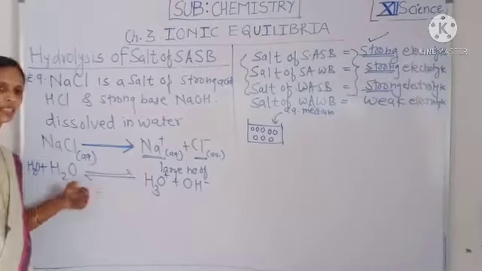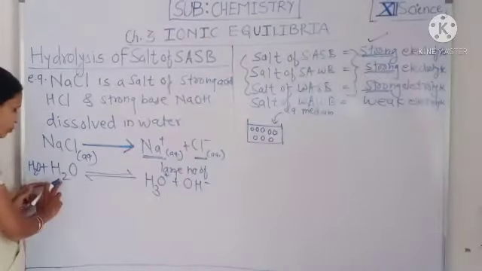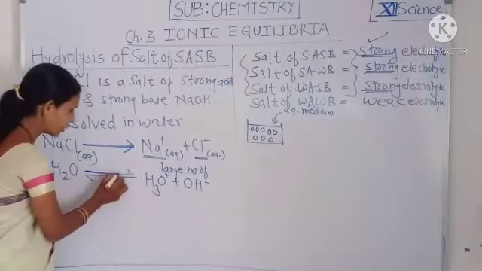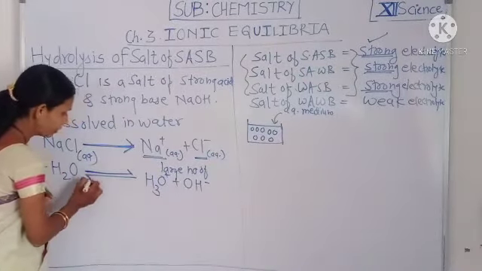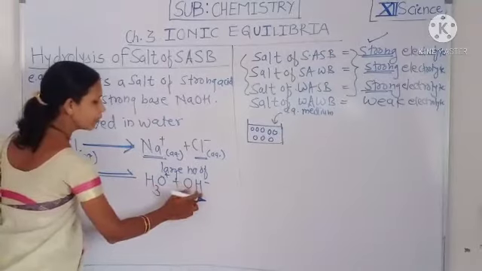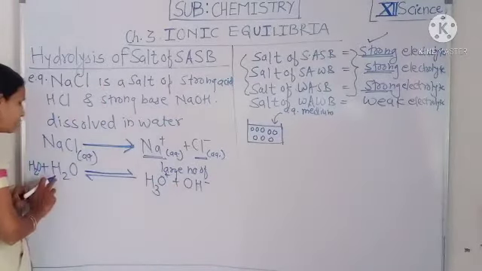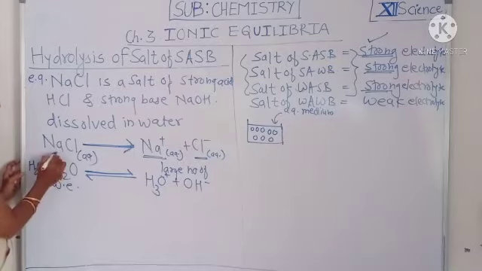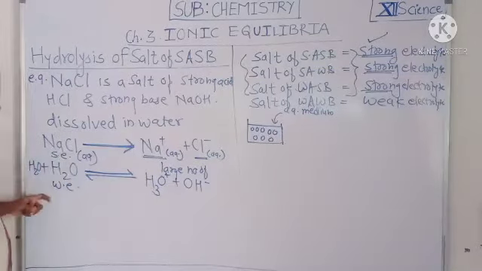Water dissociates feebly, therefore equilibrium is attained between hydronium ion, hydroxide ion and undissociated water molecule, as it is a weak electrolyte, while NaCl is a strong electrolyte.